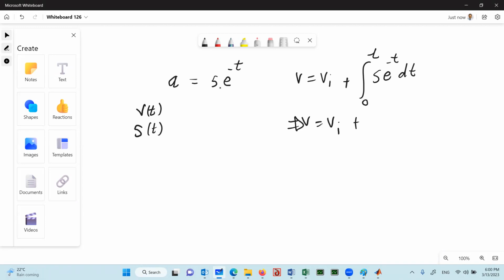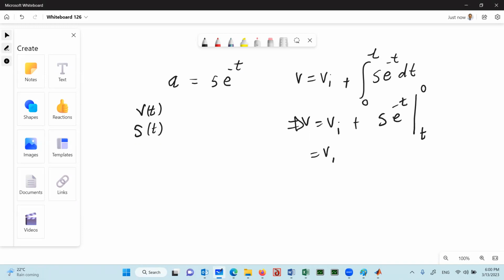It will become e minus t from 0 to t. We invert it because of the negative here: we integrate, then we divide by -1. So we solve the problem this way.